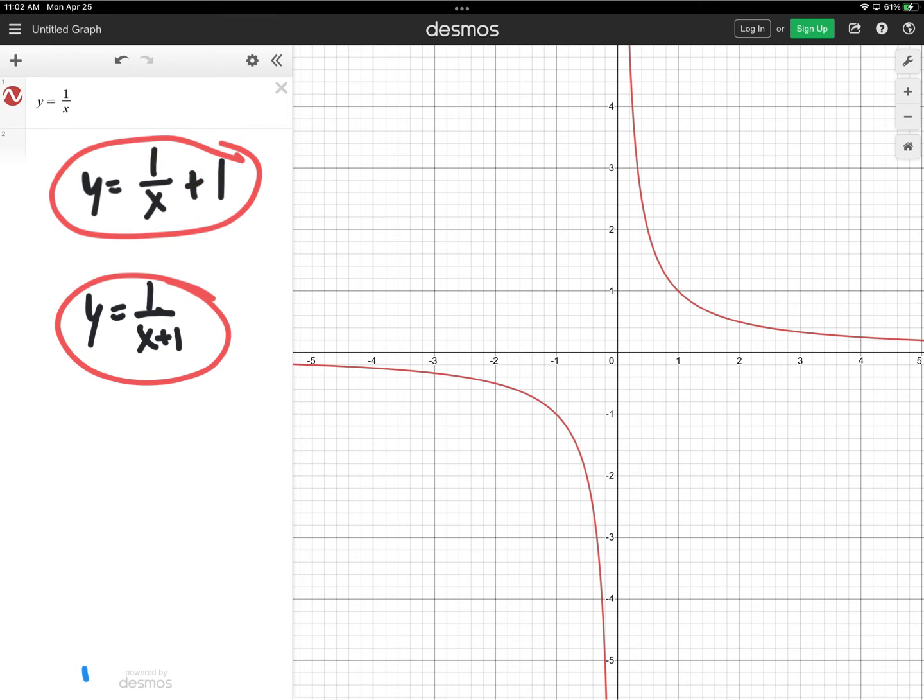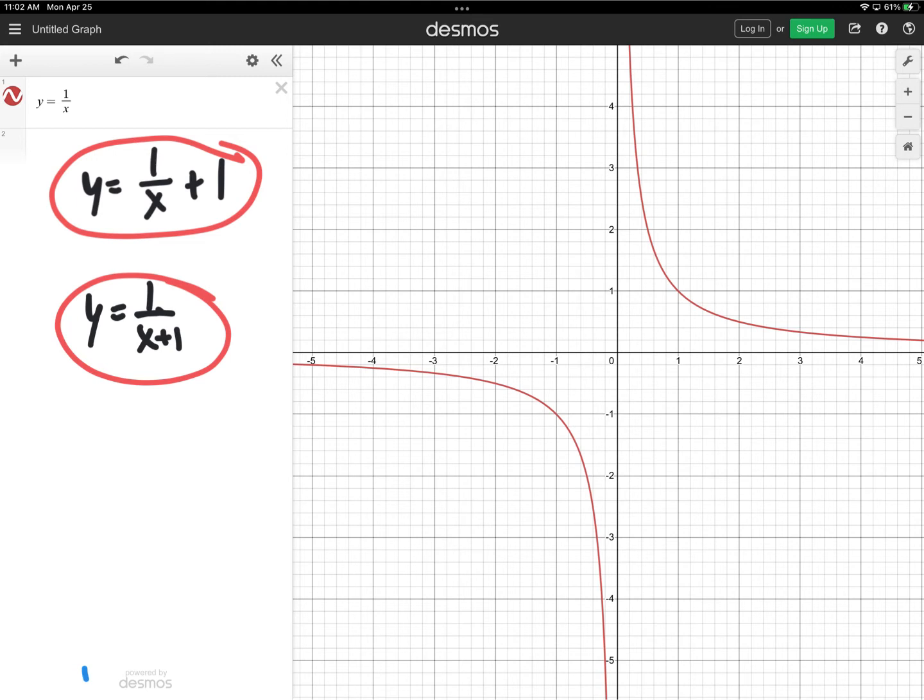I took the same exact graph, y equals 1 over x, and I put a +1 on it, right? I want you to do that. And then maybe instead of a +1, put a +2. Maybe instead of +2, put a +3, a +5. Maybe a -1 instead of a +1. So do all this, play with Desmos right now, and keep adding or subtracting values out here that are separate from the actual fraction. And then you could conclude certain things, all right?